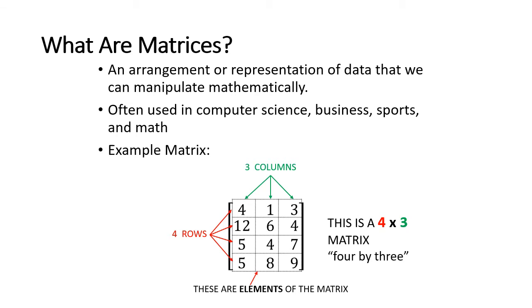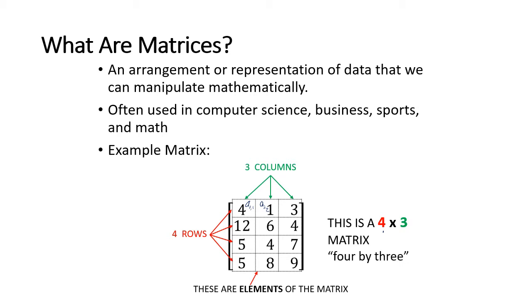The standard way to represent the first element is A sub 1 comma 1, where the subscript is the row number comma the column number. Sometimes it's just A11, and then the next one would be A12 because it's in row 1, column 2. Those are elements of a matrix.